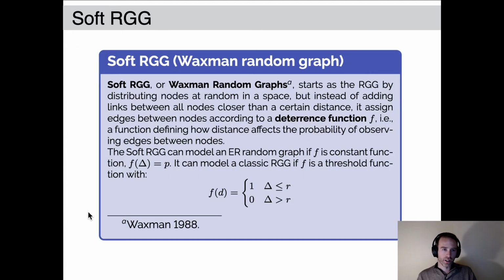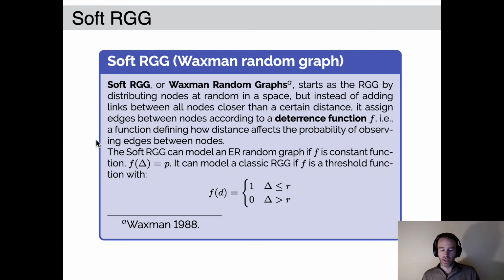So a variant, I would say a generalization of this model, is the soft RGG, which is more commonly known as the Waxman random graph. And so the idea is the same in the beginning. You start by putting nodes at random on a given space.